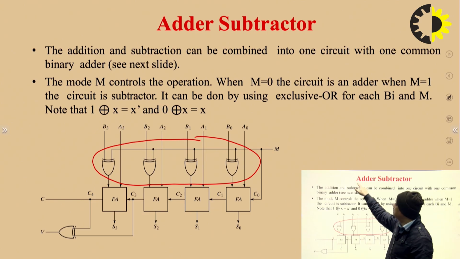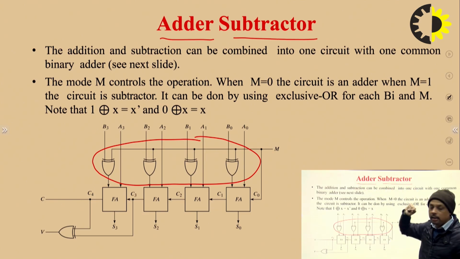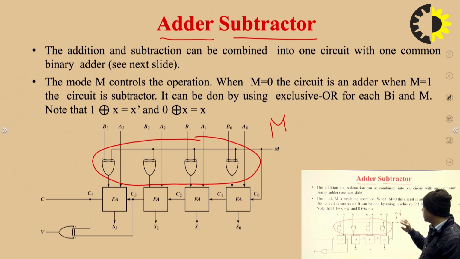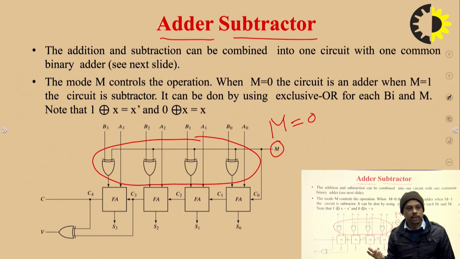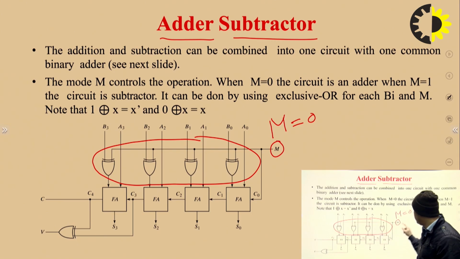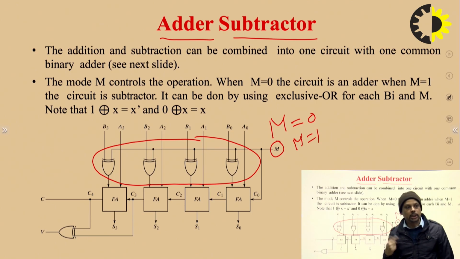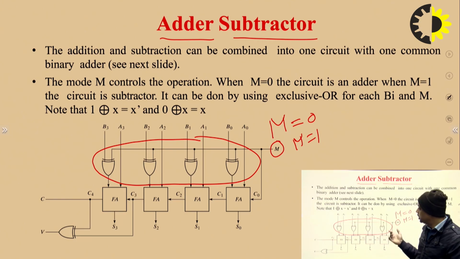So this is nothing but the adder-subtractor circuit, in which we have a mode number M. If this mode number M is equal to 0, it can perform the addition of the two-bit numbers. And if M is equal to 1, then it can perform the subtraction by using the second complement method. And how is this possible?